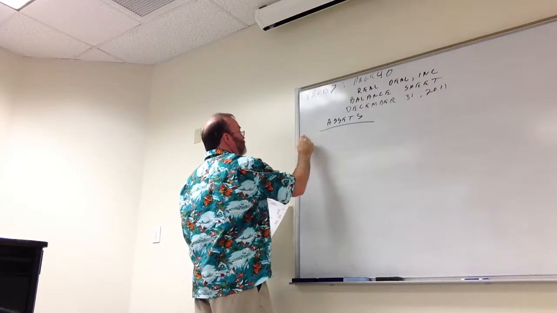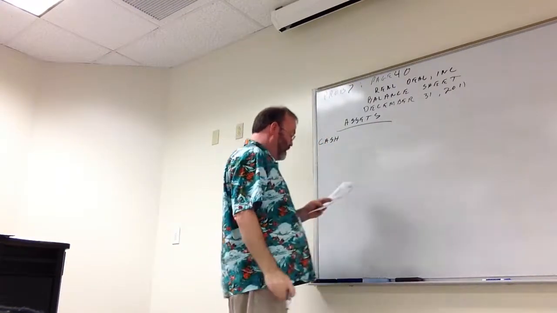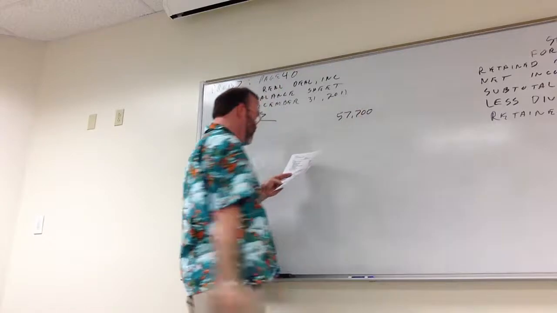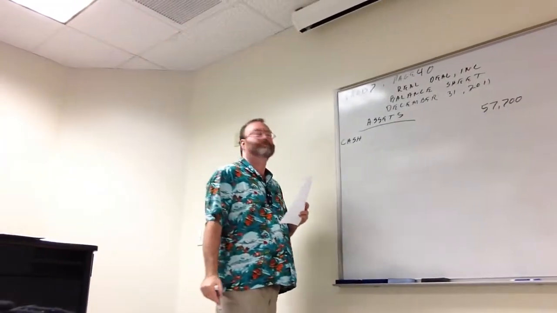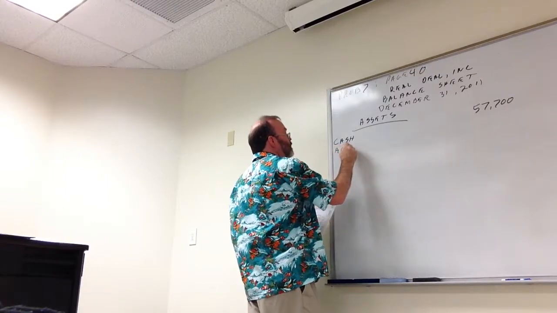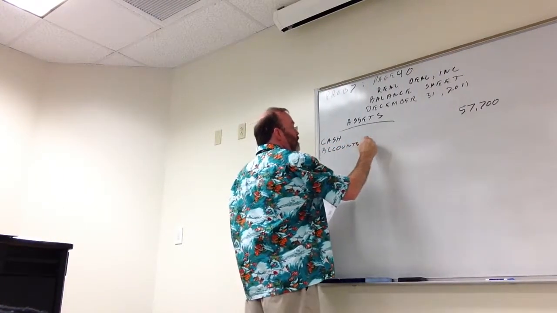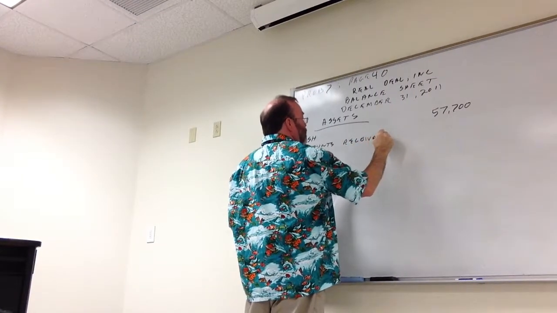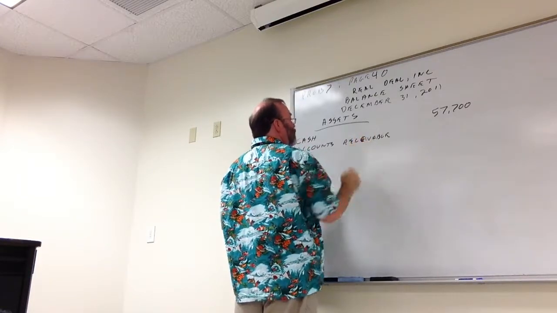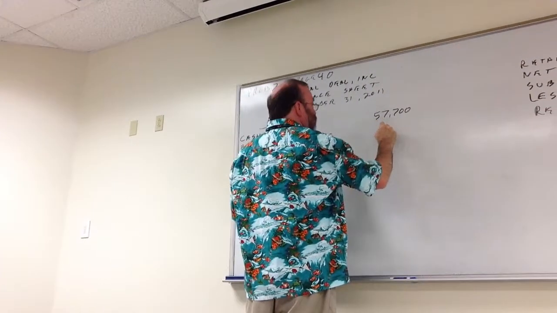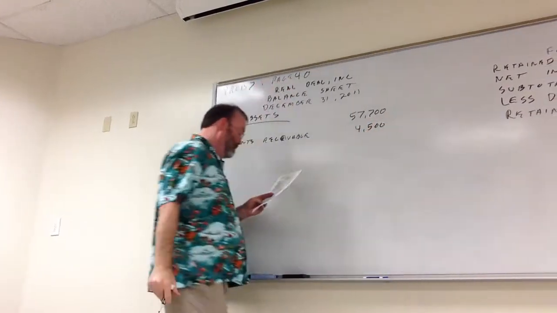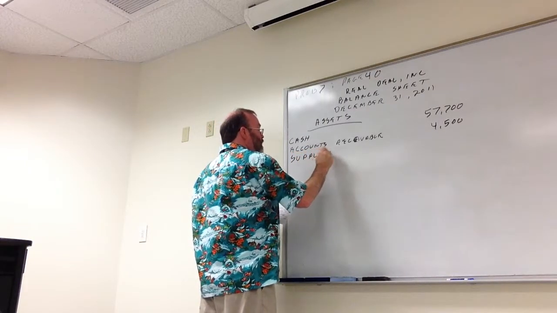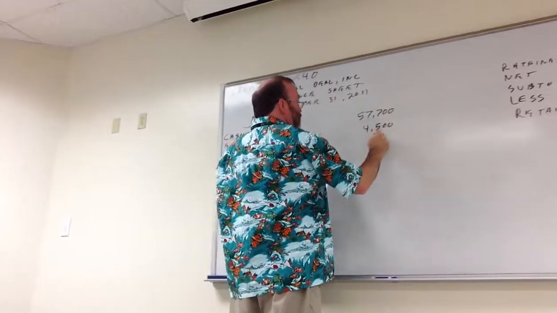So, assets. Begins with cash. This particular company had $57,700 in cash. They also had accounts receivable totaling $4,500. Some supplies, just like the last company did, $700.